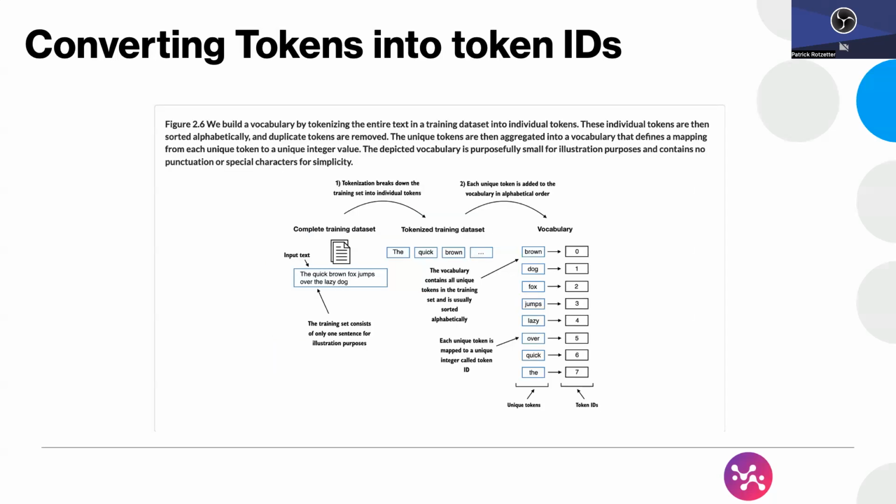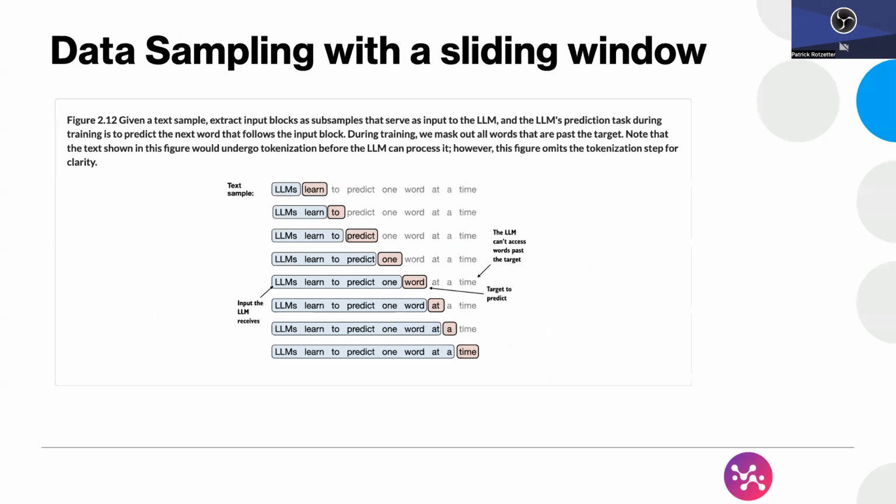So now let's assume we want to prepare the embeddings, like I said earlier, but before we prepare the embeddings, we need to prepare the input-target pairs, right?